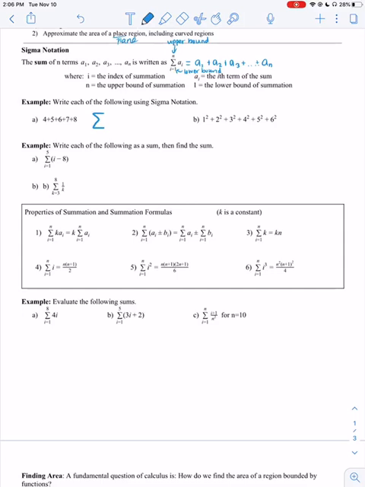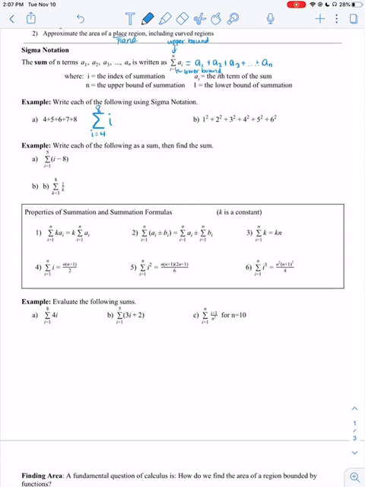So here I see that I'm starting with 4 and I'm ending with 8. So I'm going to say my lower bound i equals 4. At the top, you don't put i equals, you just put the number where you're stopping. We're stopping at 8. And this would just be i, like we're not doing anything to those numbers. So this would mean start at 4. So you replace that i with a 4, then you replace it with a 5, then a 6, then a 7, then an 8, and you add them together.